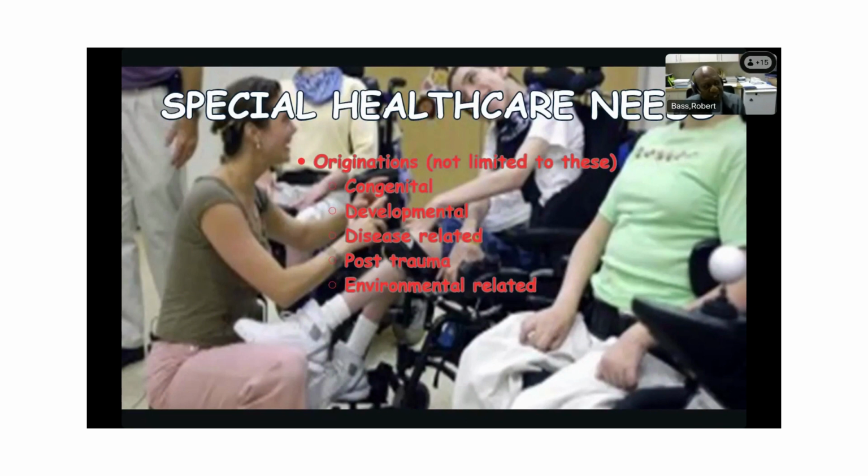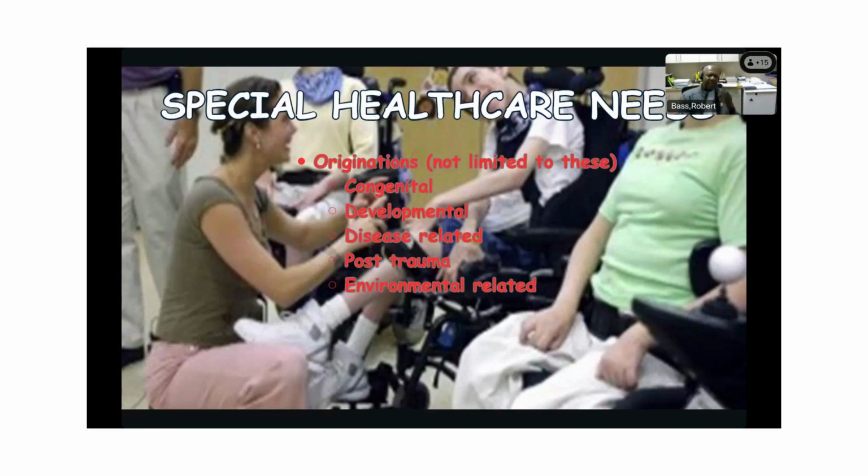One of the big ones that you're hearing more and more about are patients suffering from developmental delays, such as those on the autistic spectrum. When it comes to these patients and your overall assessment, this can be very challenging.